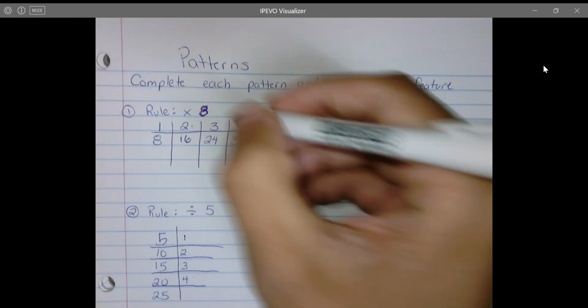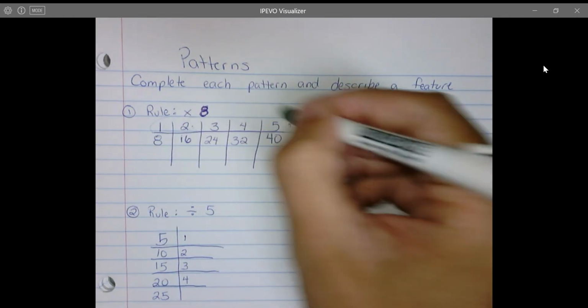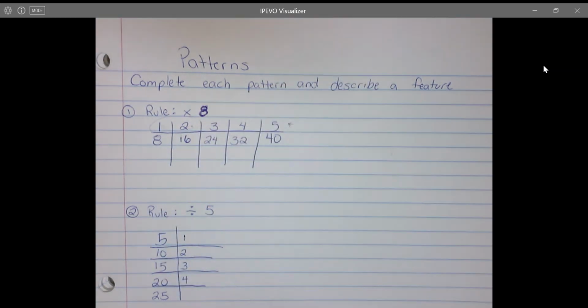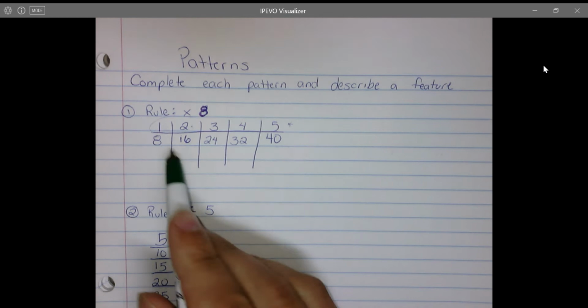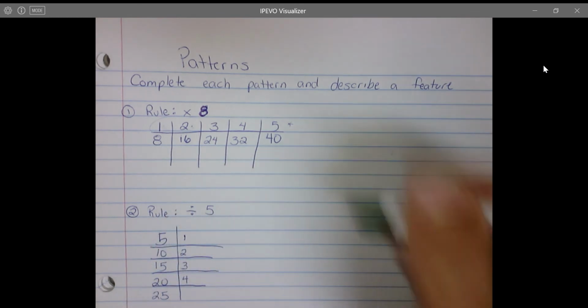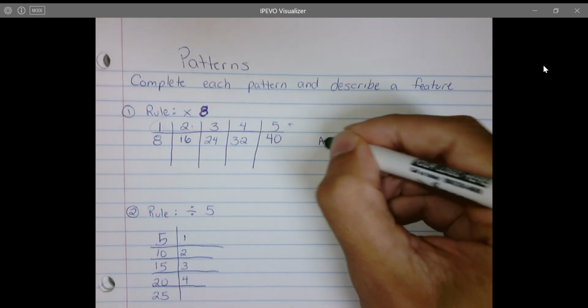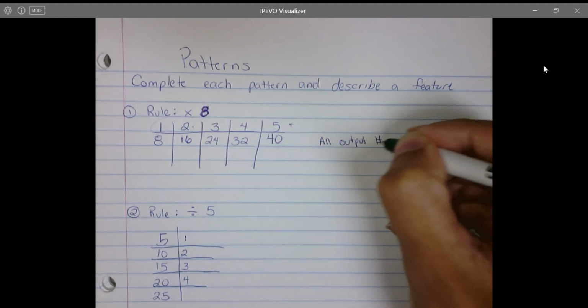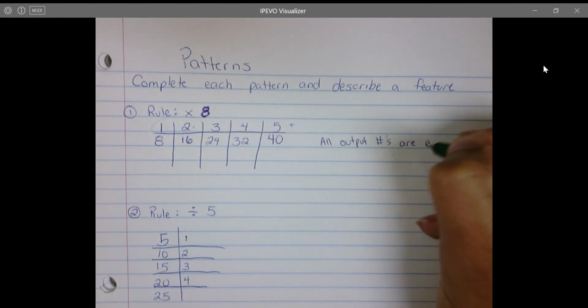Well, I could look at all of these top numbers. I could look at all of these bottom numbers. I could look at how these are related. So I can make a couple of observations. Well, all my output numbers are even. So I could say all output numbers are even.